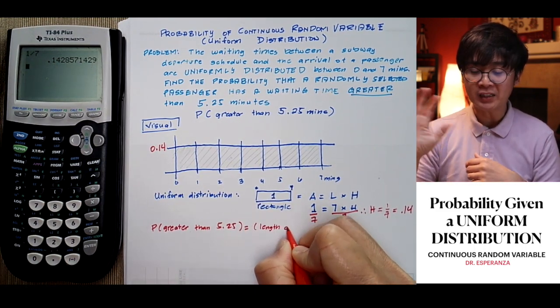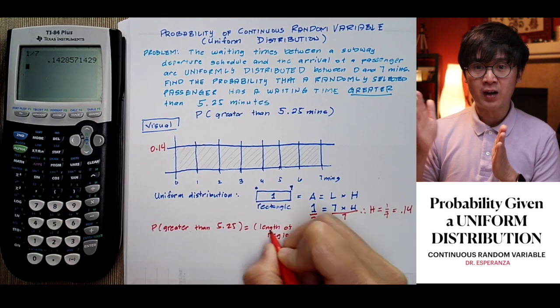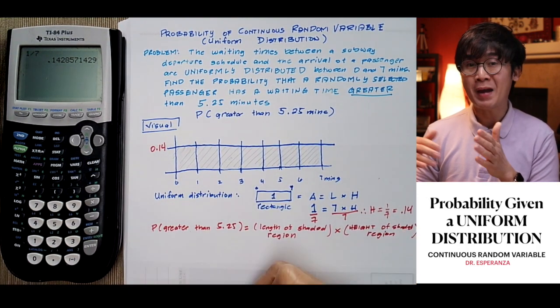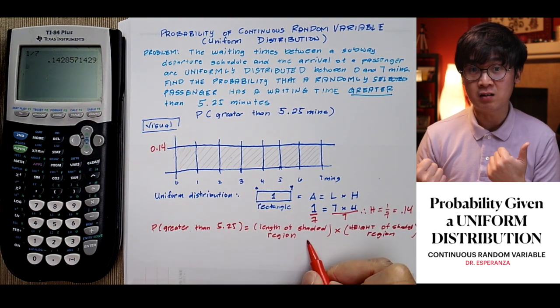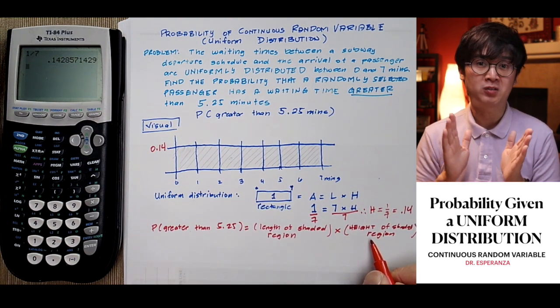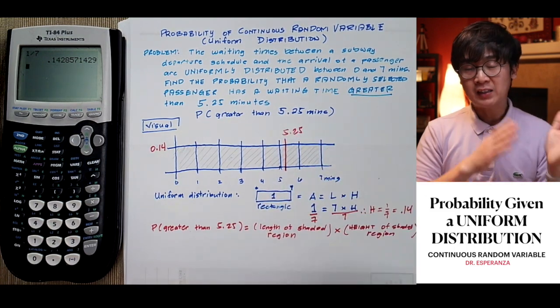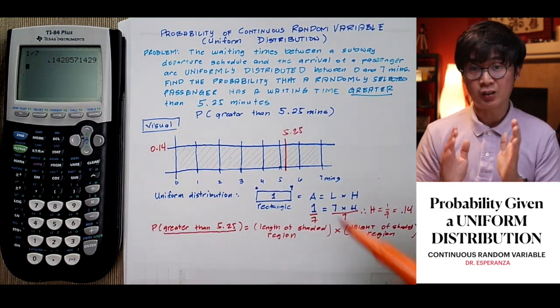So the shaded region is between 5.25 and 7. To mathematically compute that area under the region, we're simply subtracting 7 minus 5.25.